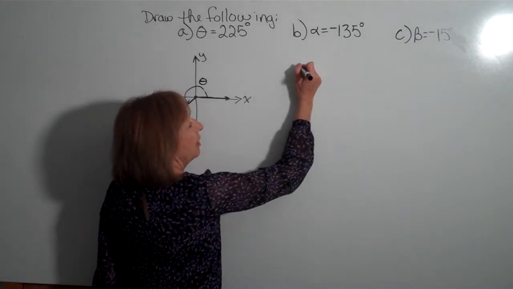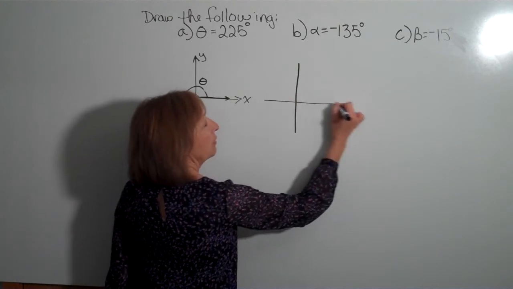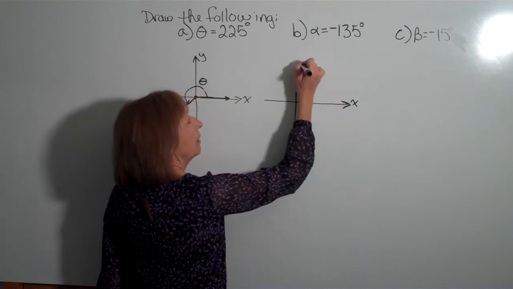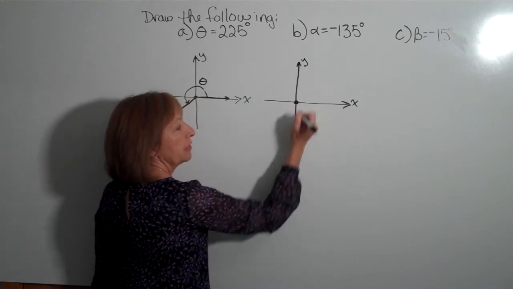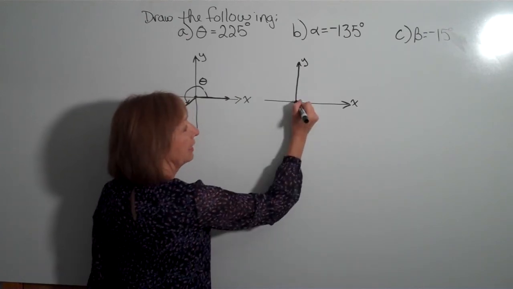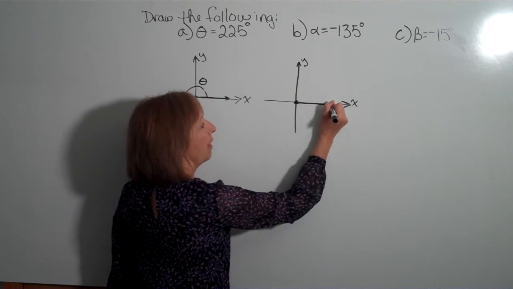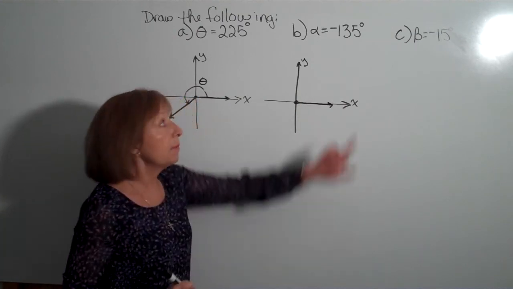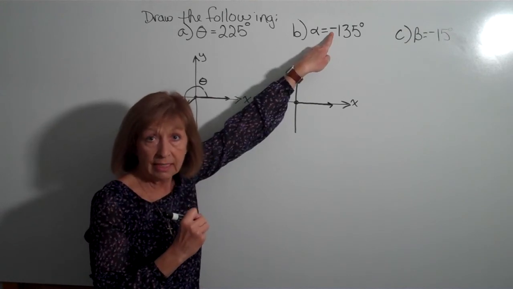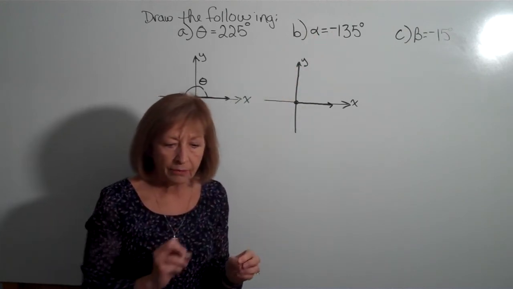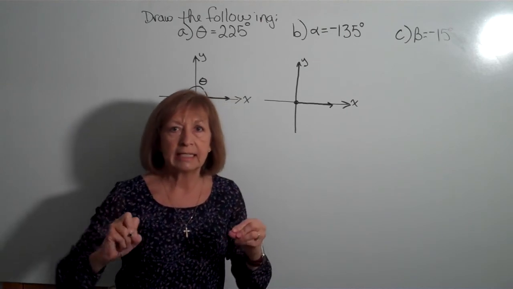Now for alpha in part B, again we're going to graph our XY plane. My trig angle in standard position has a vertex at the origin, initial side along the positive x-axis, but because I have a negative sign in front of it, I have to go down and around. When you're going down and around, the down part is already the negative part.